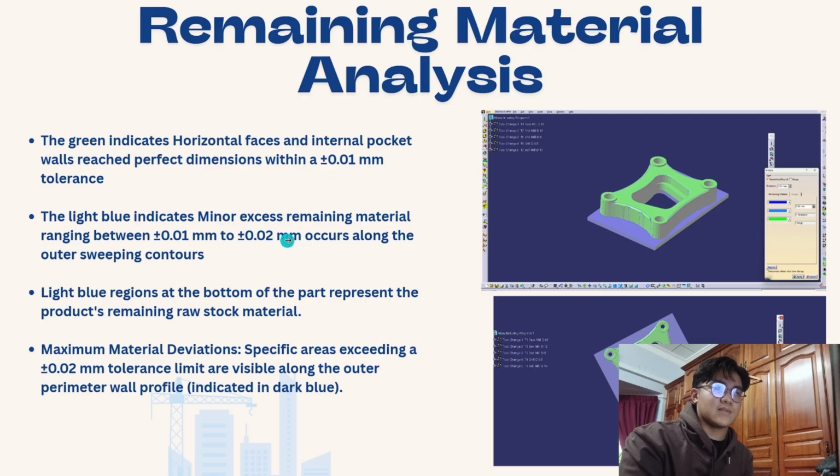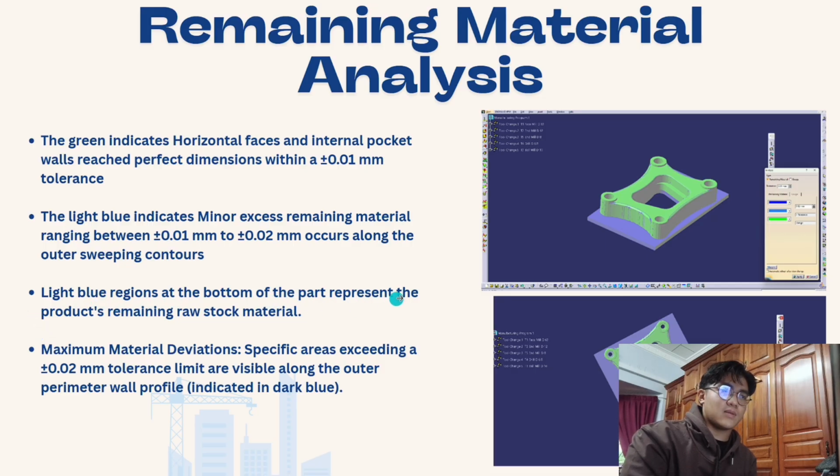All the green are in perfect dimension. The light blue indicates minor excess remaining material ranging between 0.01 to 0.02 millimeter along the outer sweeping contour. So here, as you can see, there is a little bit of light bluish excess, between 0.01 to 0.02 millimeter tolerance.